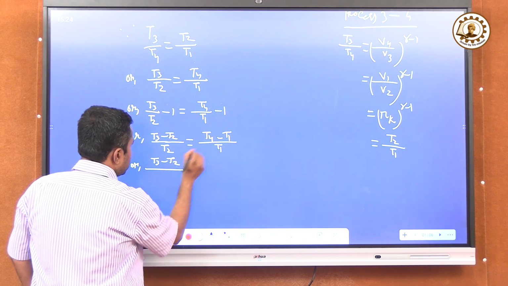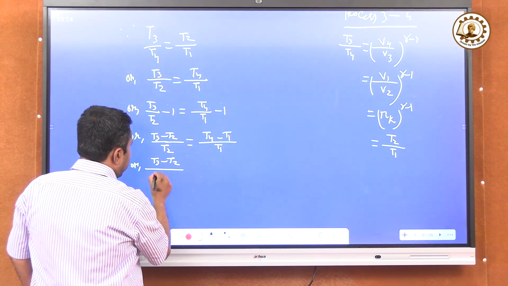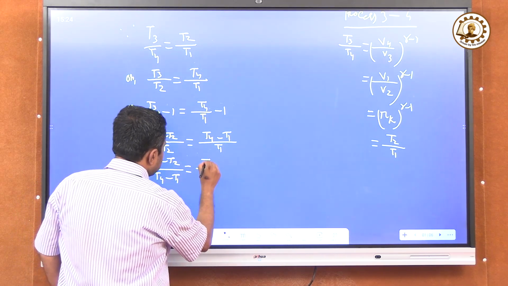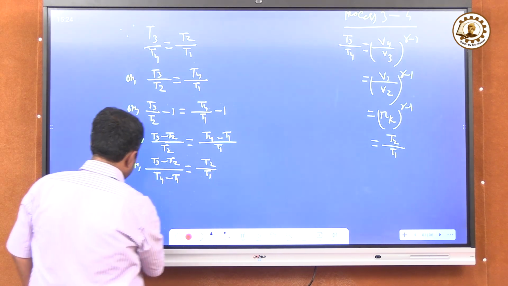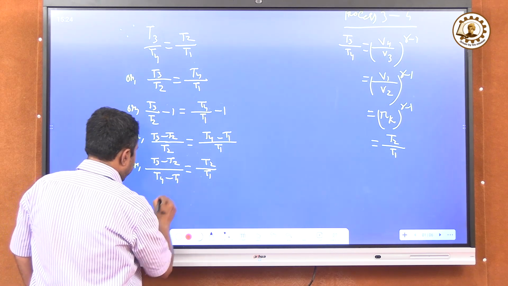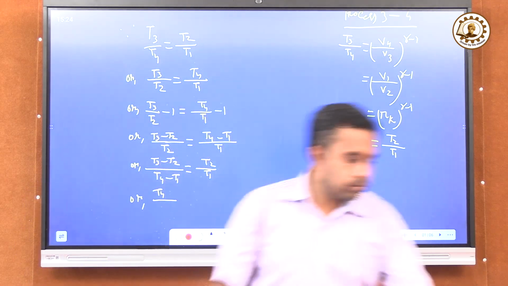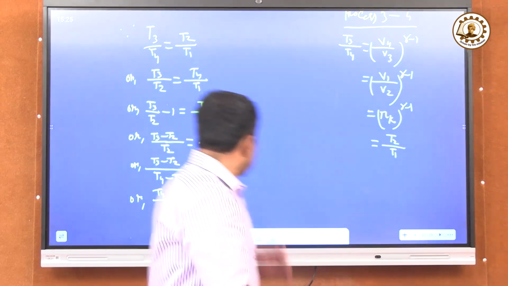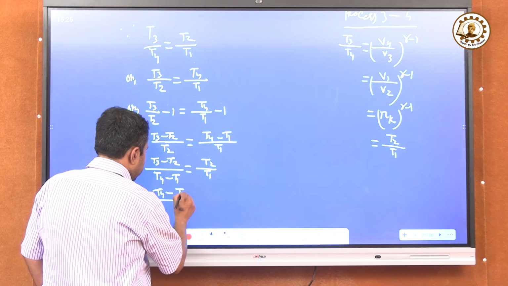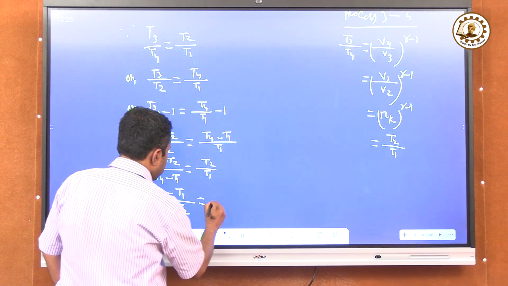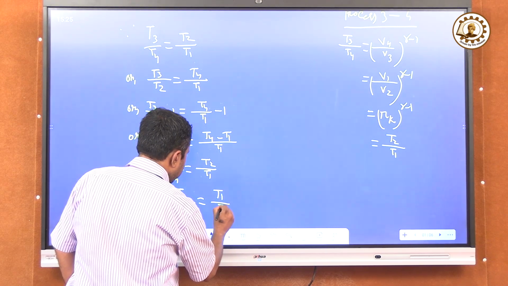Or we can write T3 minus T2 by T4 minus T1 is equal to T2 by T1, or we can write T4 minus T1 by T3 minus T2 is equal to T1 by T2.